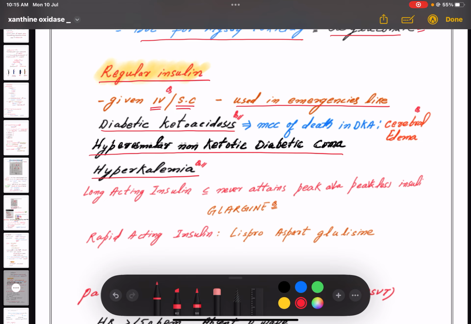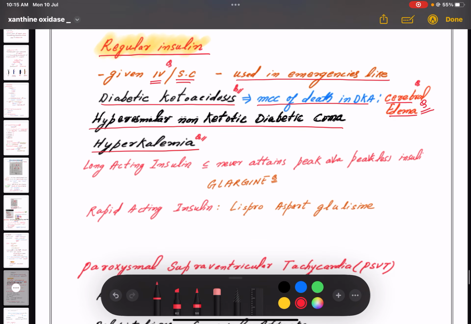Remember, in hyperkalemia, we use regular insulin, but with regular insulin, we also use dextrose. I hope this is clear. In diabetic ketoacidosis, the most common cause of death is cerebral edema. Already asked as an MCQ in the FMG exam.